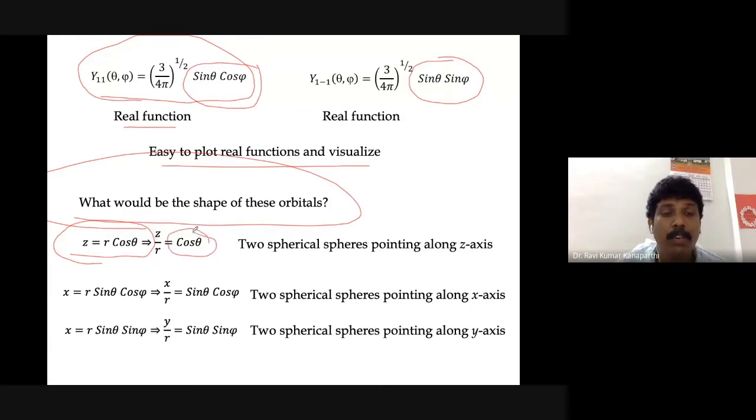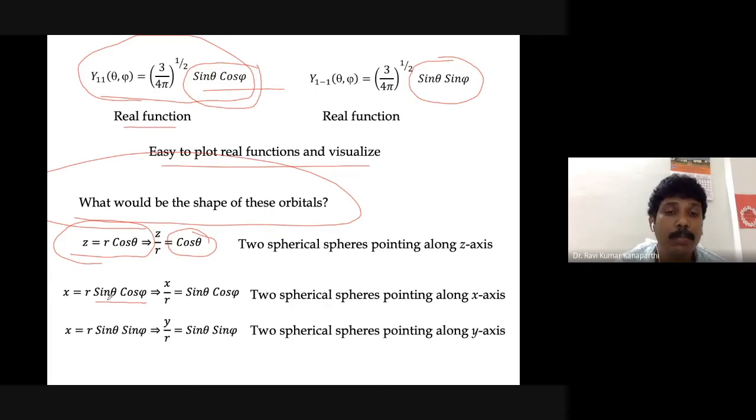So when you plot the cos theta function, it points along the z-axis. Similarly, here you notice sine theta cos phi is basically the x coordinate. The Cartesian coordinate x is equal to r sine theta cos phi, which means x by r is equal to sine theta cos phi.